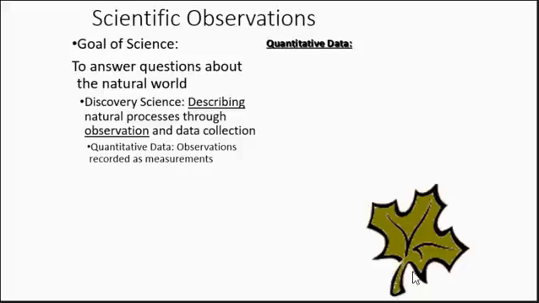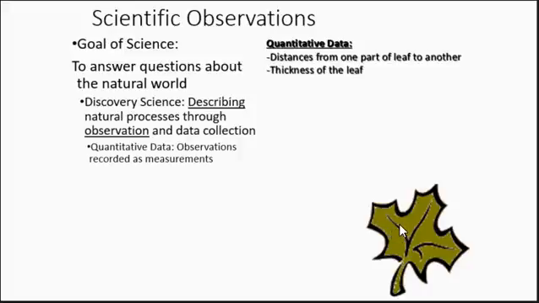For example, if you take a look down here at this leaf, some examples of quantitative data might be measurements. You could measure the distance across the leaf, from one point to another. Or you might measure the mass of the leaf, or use a ruler again to measure the thickness of the leaf.